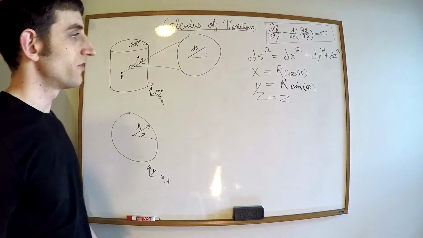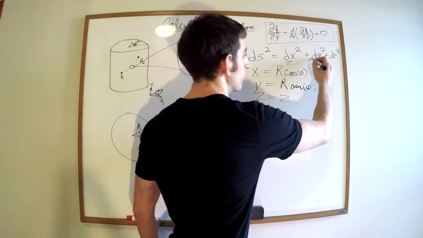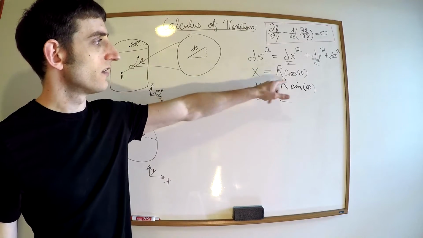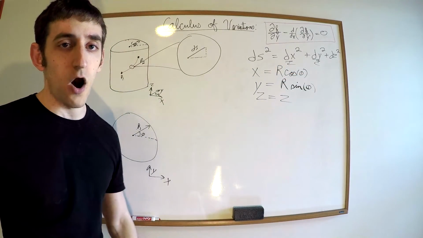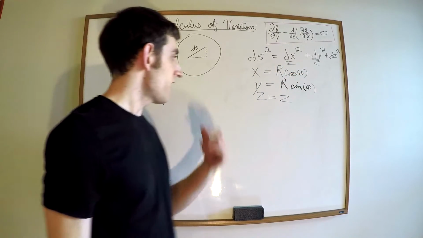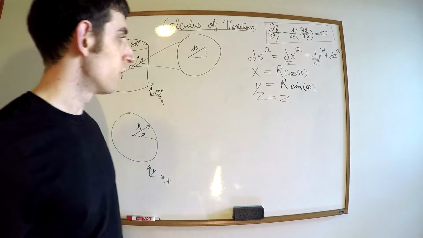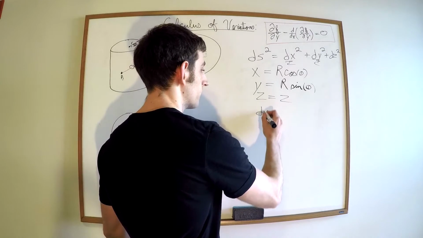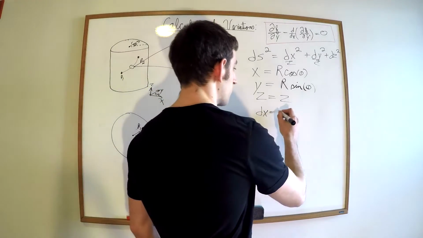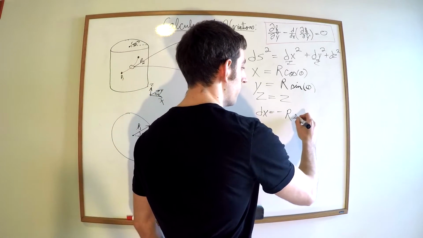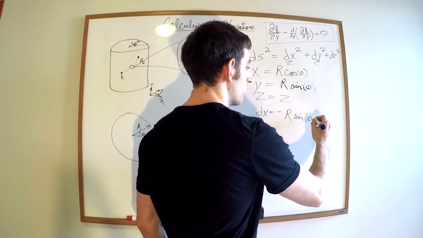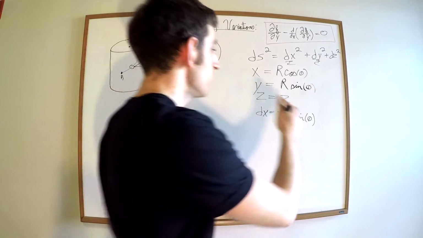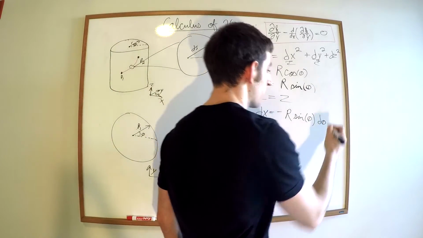So the next thing we want to do is get the differentials. In this case, this is pretty easy because r is constant, theta is going to be our independent variable, and so we could just differentiate these guys. So dx becomes negative r sine theta d theta from the chain rule, right?